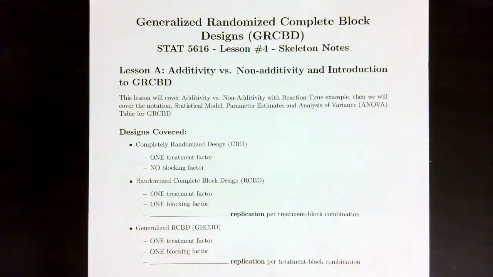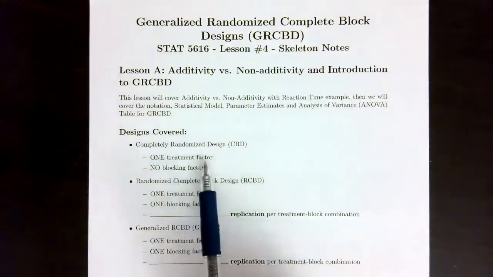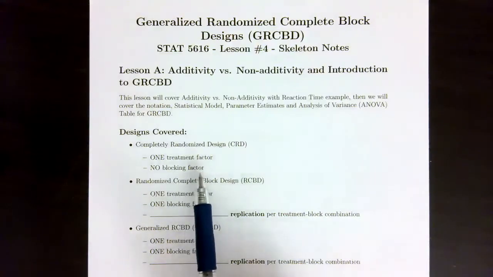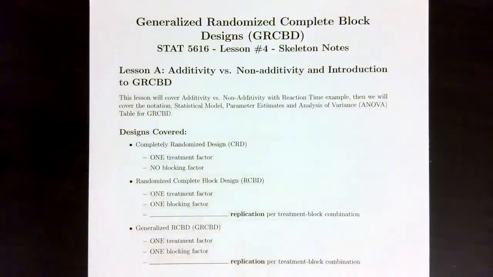Okay, but let's talk about some of the designs that we've covered thus far. We've talked about the completely randomized design, which only has one treatment factor and no blocking. That was lesson 2. Then we introduced the idea of a blocking factor with the randomized complete block design. That is, we said there's some factor that will impact the study.